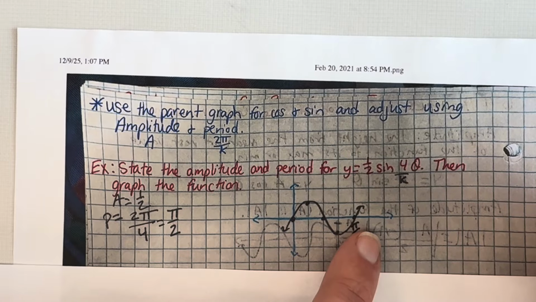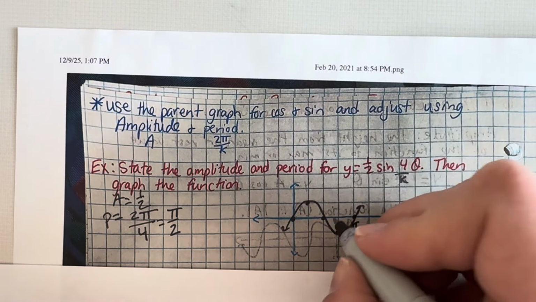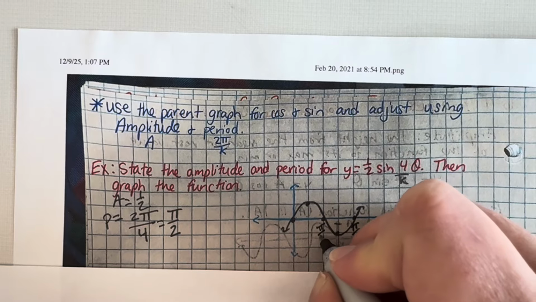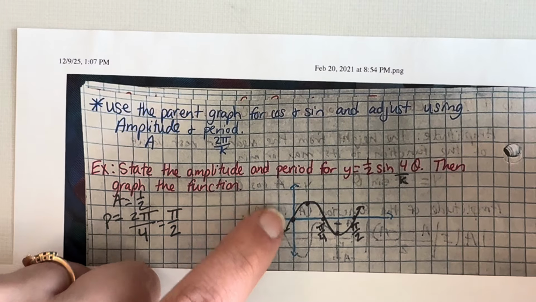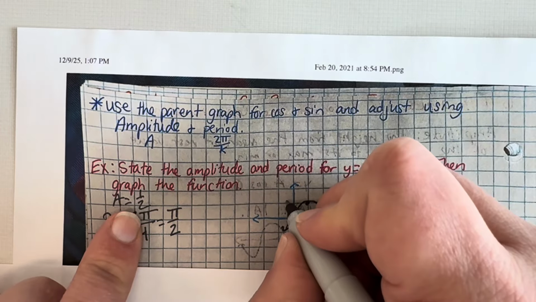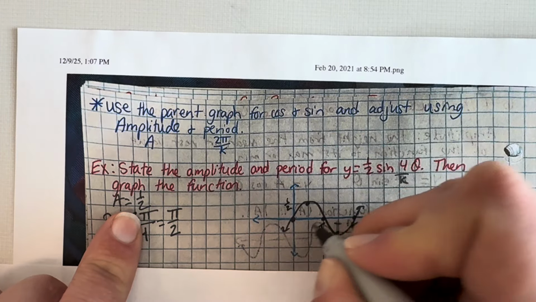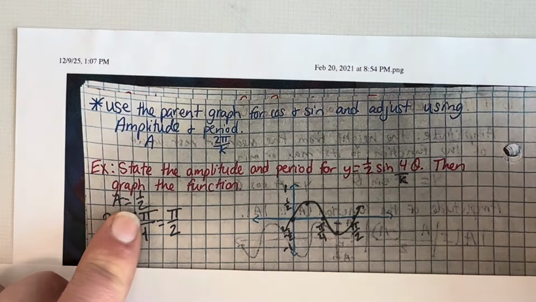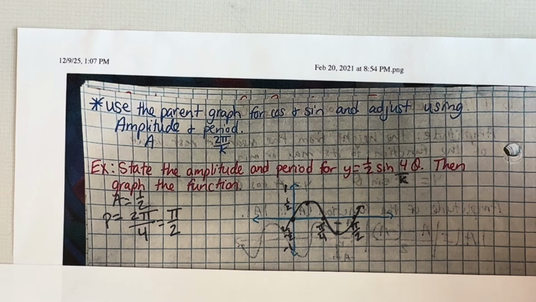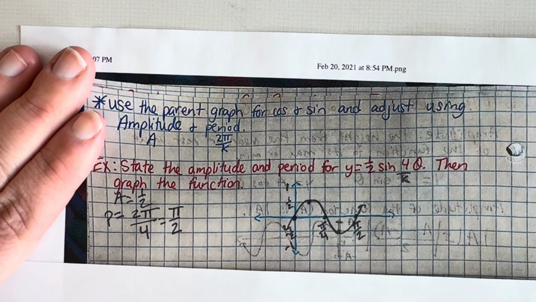If that's pi over 2, this middle one is going to be pi over 4 because it's the middle point. My amplitude was a half, so this is a half, this is negative a half, and then 1 and negative 1. And there's my graph. So a lot of my amplitude and my period just has to do with labeling my graph correctly.